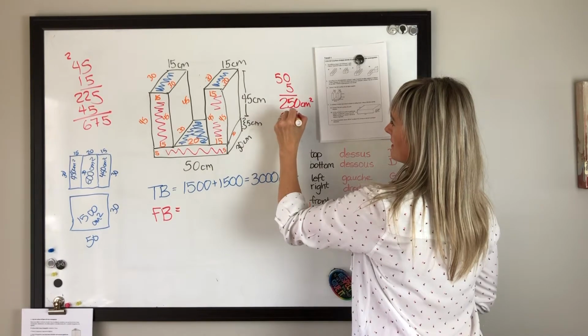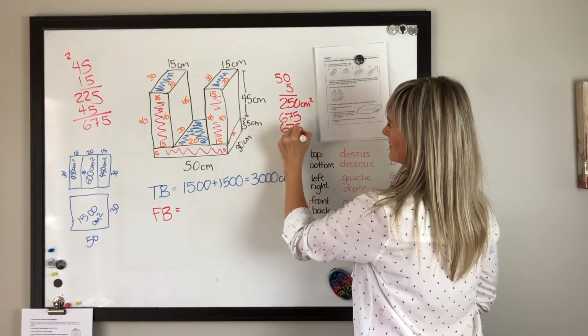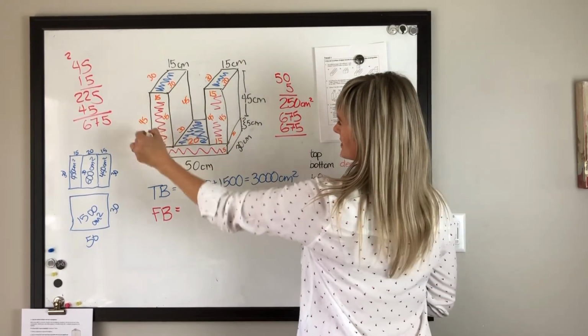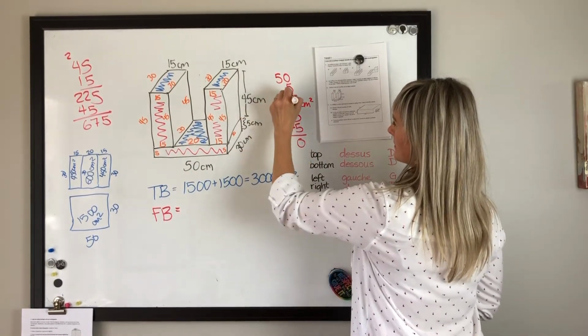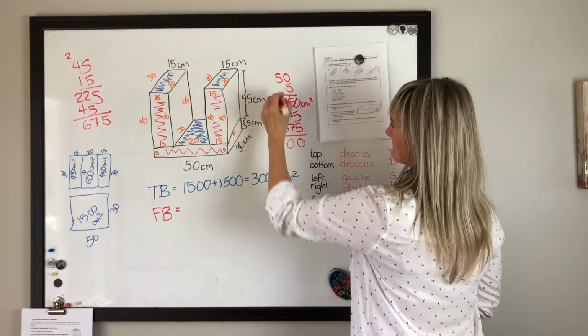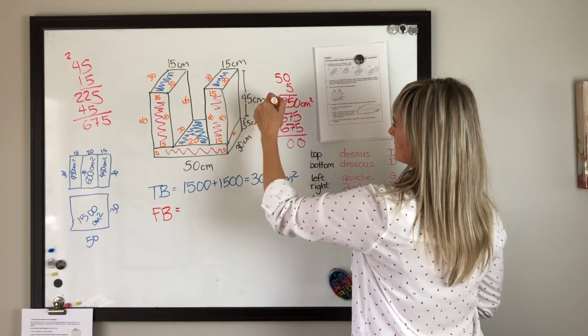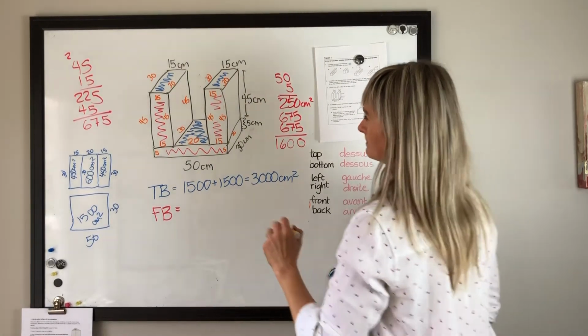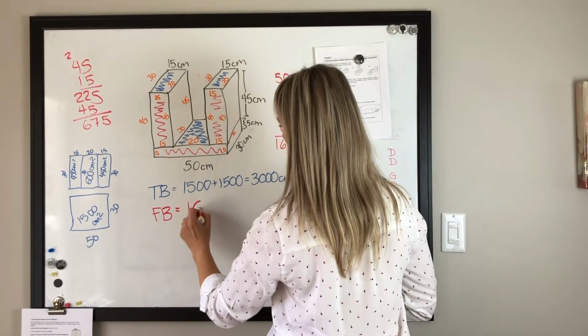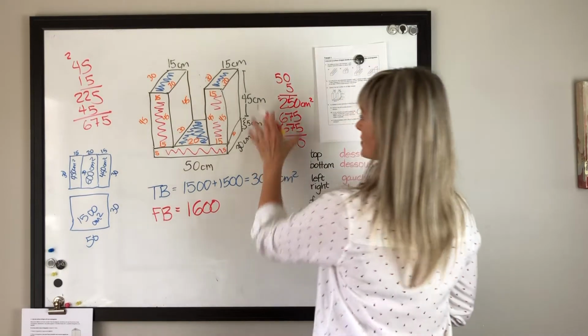So 675 and 675. So we have 675, 675, and 250. Let's add those all up. And we're going to have 1,600 centimeters squared. Okay, so 1,600, but that's only one side.